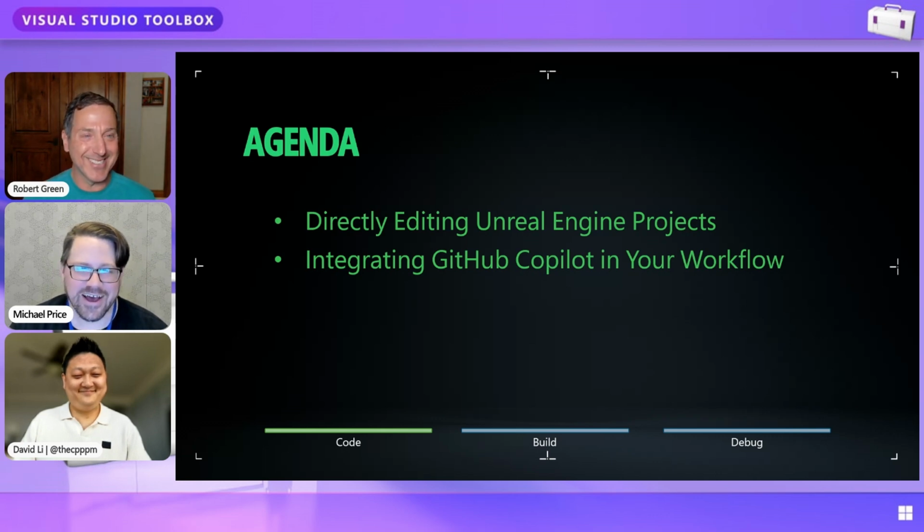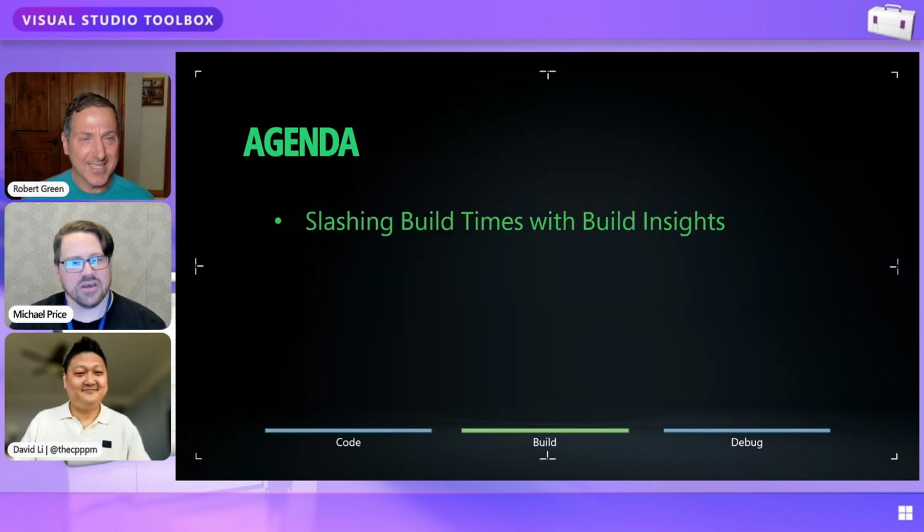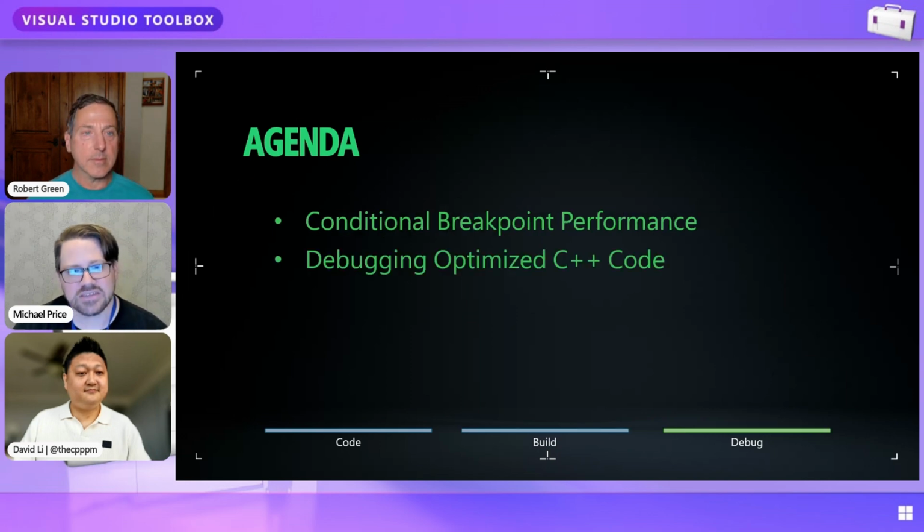That's right. And then we're going to jump into the build section. And what we're going to show you with build is how you can drastically cut your build times using a tool we have called Build Insights to analyze how your build is working and then identifying particular areas to go and improve. And then lastly, we're going to jump into some debugging.